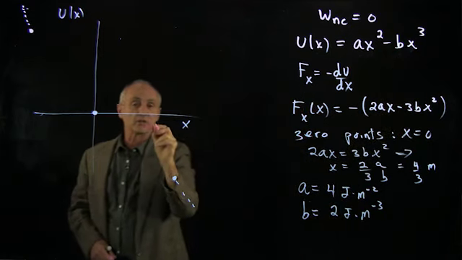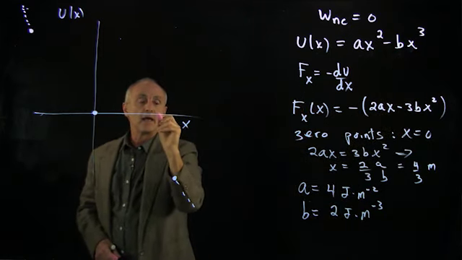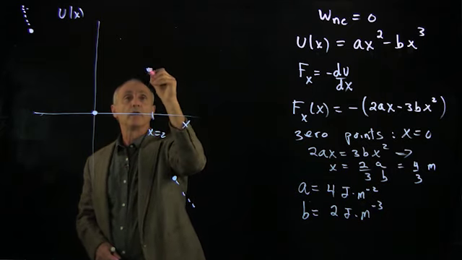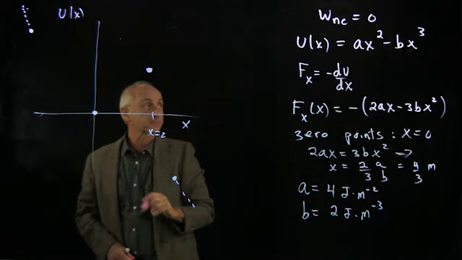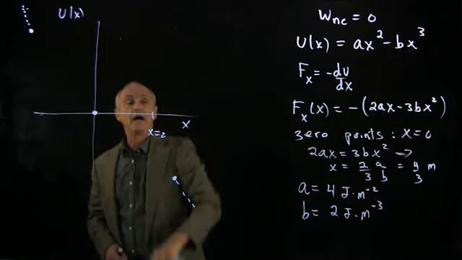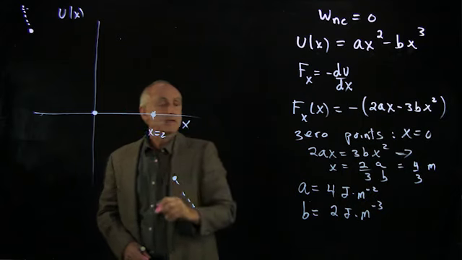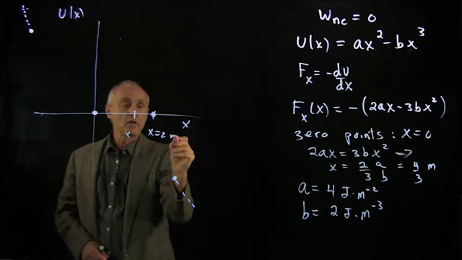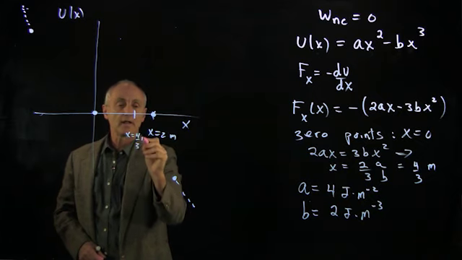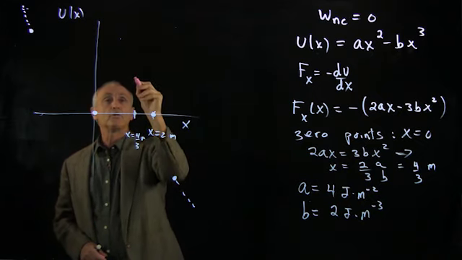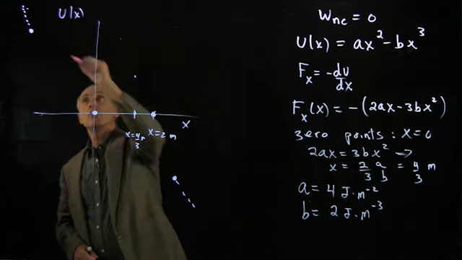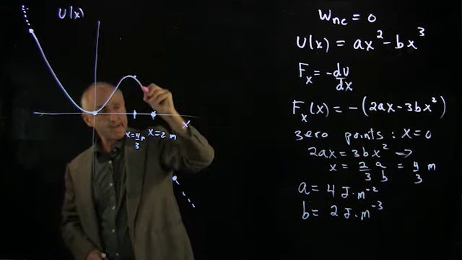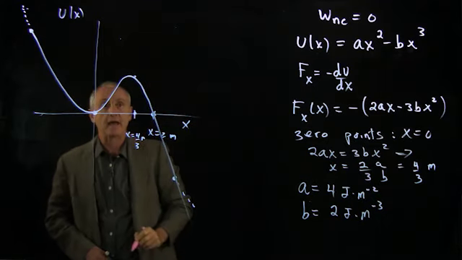So we get a cancellation at x equals 2. That's our zero point at x equals 2. Now, we said that the force had a zero at x equals 4/3. And so if we plot this function, it's going to look something like that.